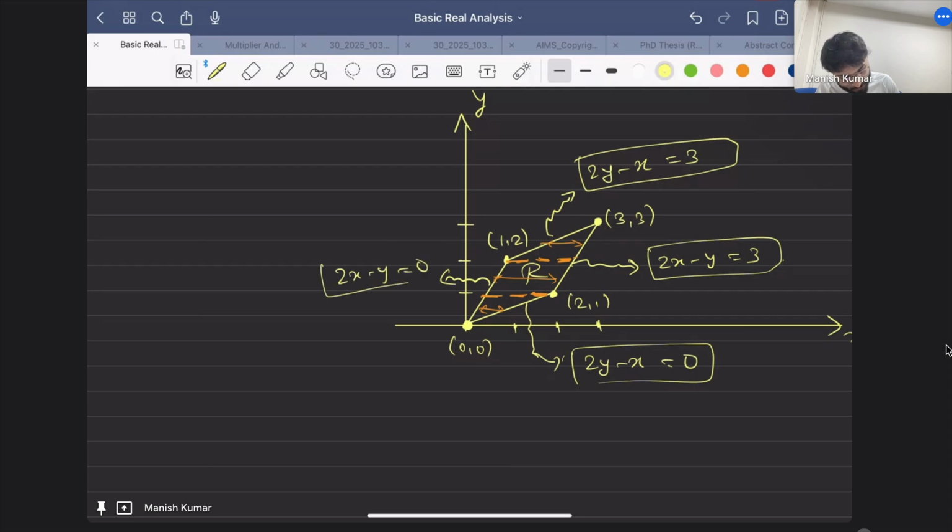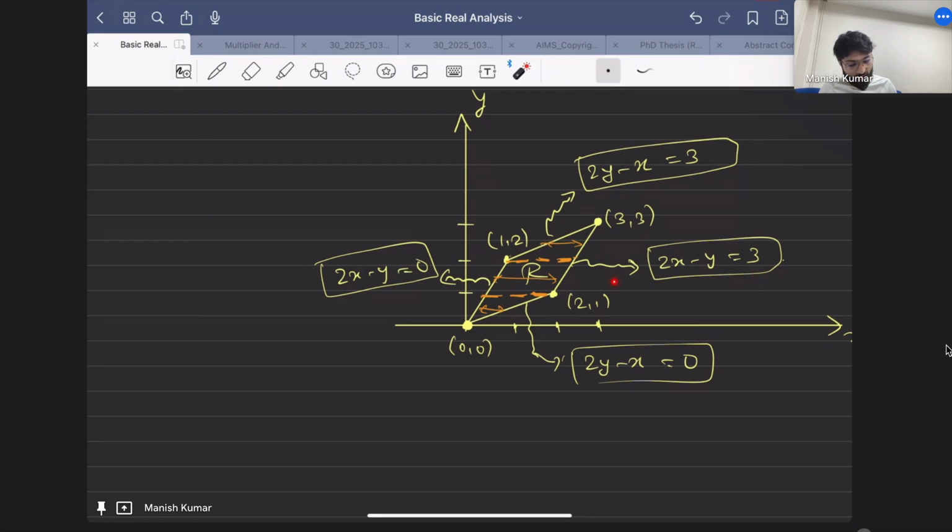What does this say? That this line and this line are just translations of these two. Similarly, these are just translations of the line 2x minus y, translated by 3 units.